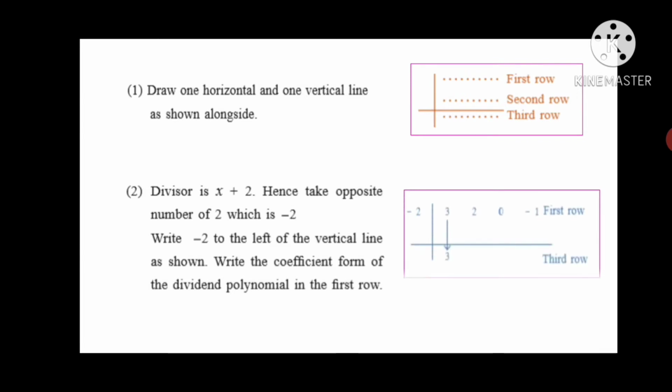See, in the first row we wrote all the coefficients of the dividend and minus 2 to the left of the vertical line. And we take the first coefficient 3 as it is in the third row below. Now multiply this 3 with minus 2.